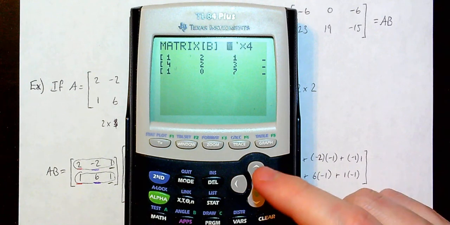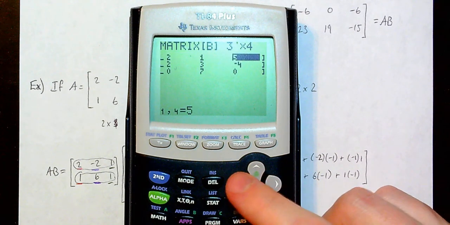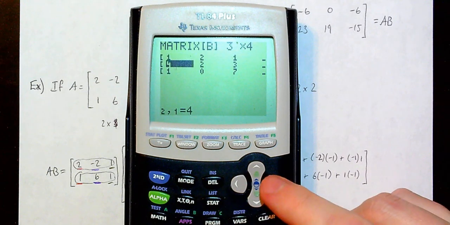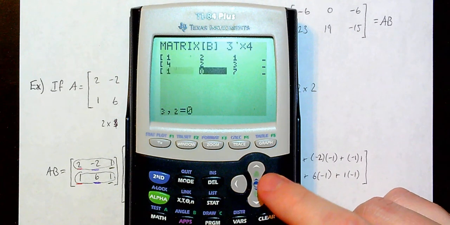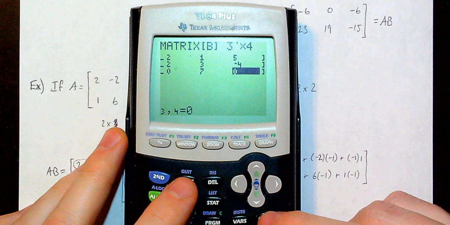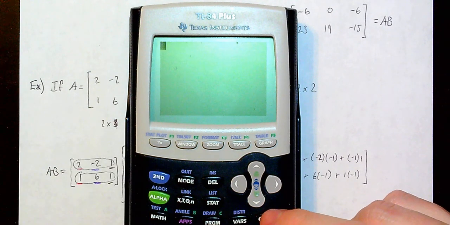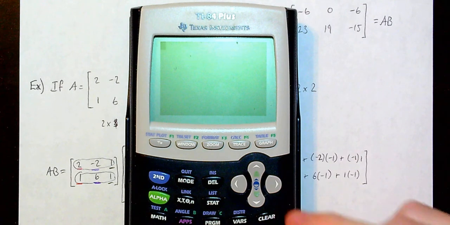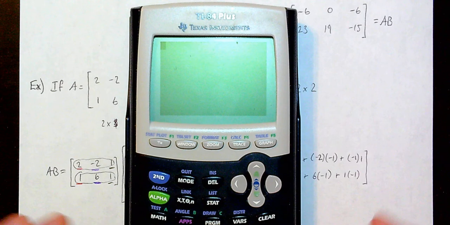The elements 1, 2, 1, 5, 4, 2, 3, negative 4, and then 1, 0, 7, 0. What the actual elements are doesn't matter. I'm more concerned about showing you how this is done. And maybe you can guess how it's done, and perhaps your guess is correct.